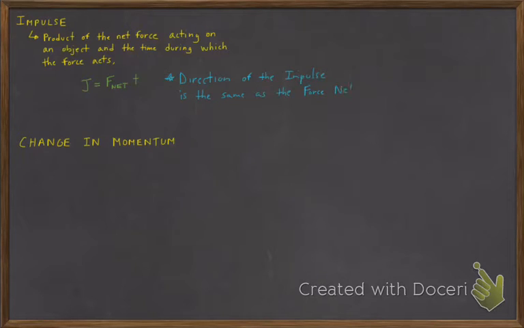Other than that, all you need to know is that the units of J equal the Newton, because we're dealing with force, and the second, because we're dealing with time. So the Newton second is the unit. Other than that, we'll get more into the change in momentum and the conservation of momentum on Wednesday. So now you can answer all the questions that are due for today.